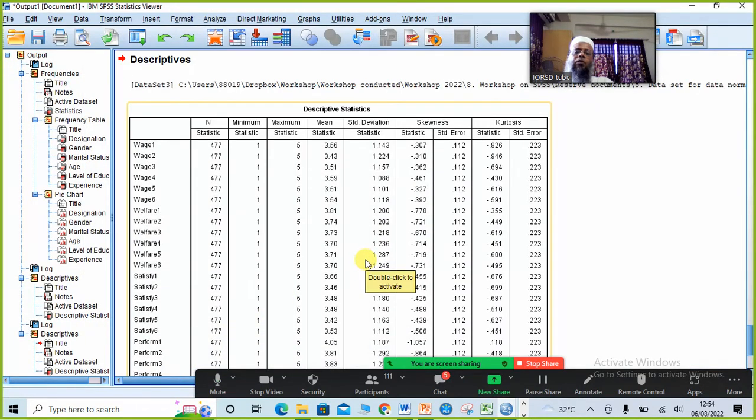So this is the result that we get. Suppose for OS1, the minimum is 1, maximum 5, the mean value is this one, the standard deviation is this. Brother Shahriar, what does this 1.143 mean? The standard deviation 1.143 here.